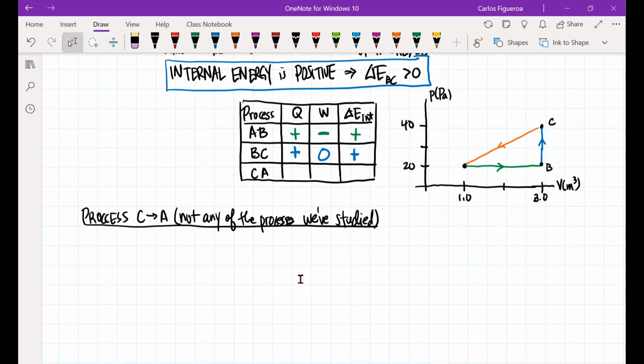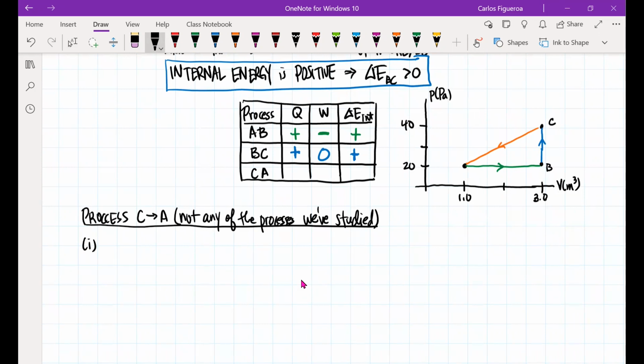I'm going to take the exact same process as I did before. So look at what happens here. The piston head has decreased in volume.